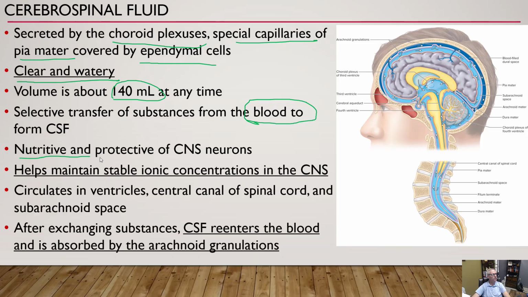Basically, cerebrospinal fluid provides the nutrients and protection of those central nervous system neurons. So it helps maintain that ionic concentration within the central nervous system. We still need the proper amount of sodium and potassium and all of those ions, glucose.